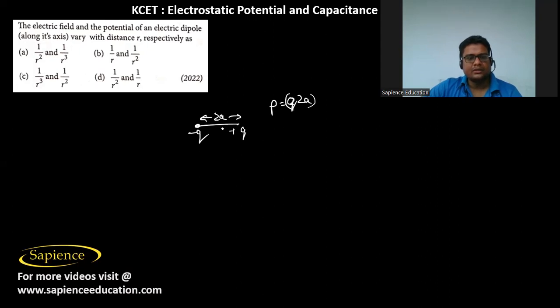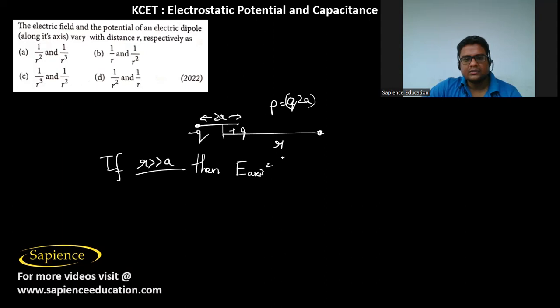So along its axis, here r should be much more than a. So for a point very far from the electric dipole, the electric field on the axis is given as 2kp by r cube, where k is equal to 1 by 4 pi epsilon naught, and p is equal to the dipole moment, that is q into 2a.